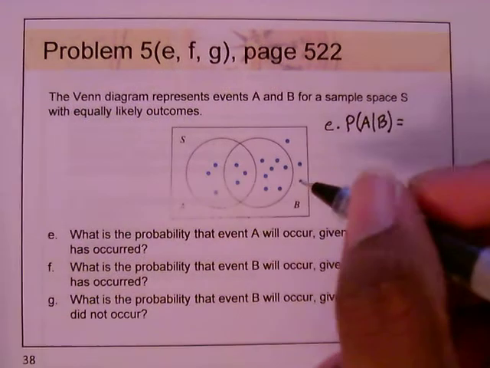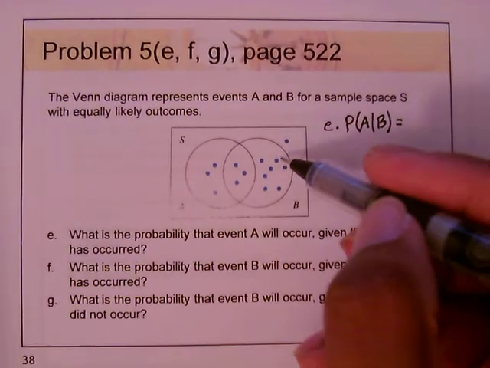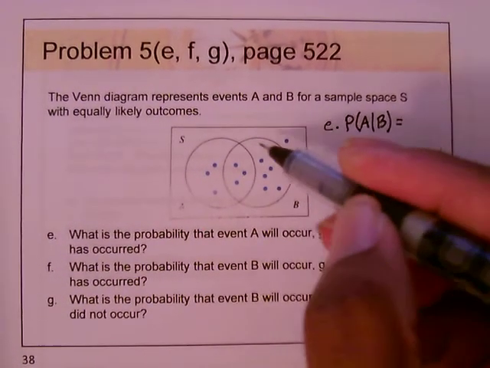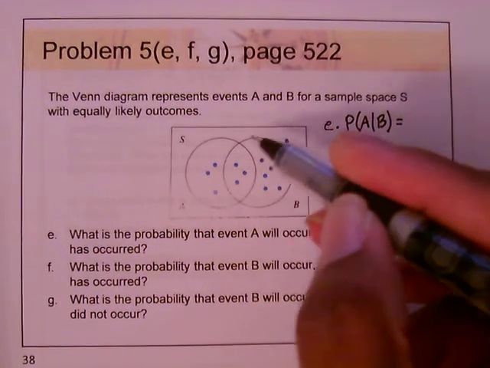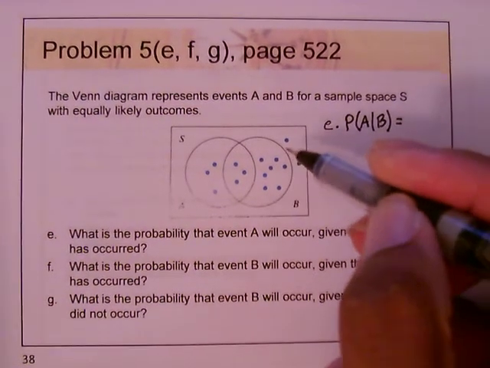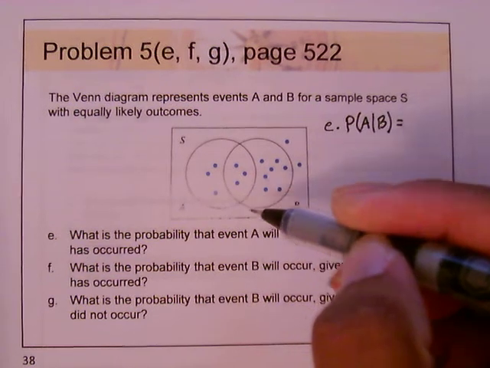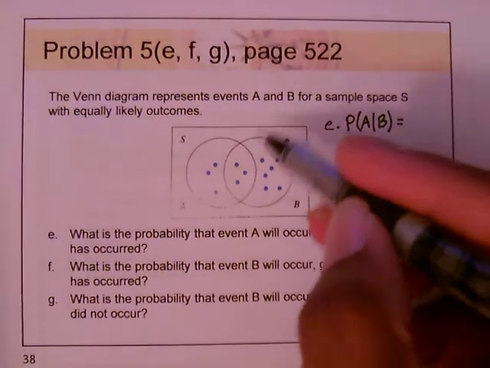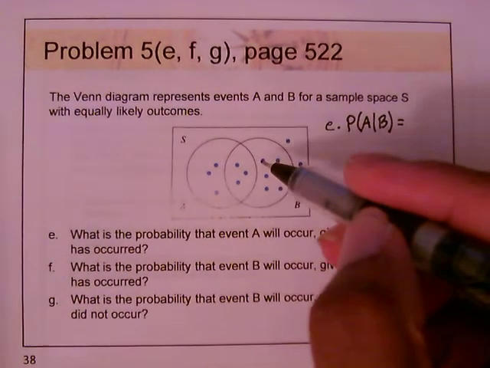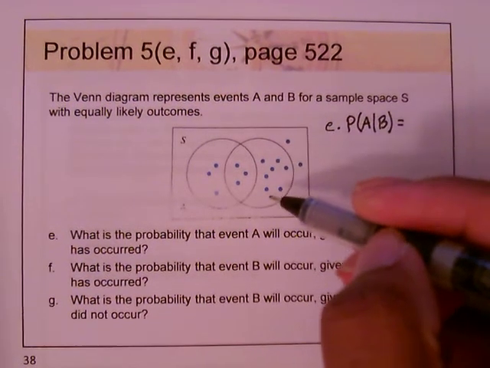Okay. Now B has already happened, so we're just focusing on this circle right here for event B. And we need to count up how many dots there are. So in this case here, 1, 2, 3, 4, 5, 6, 7, 8, 9, 10. That denominator is 10.